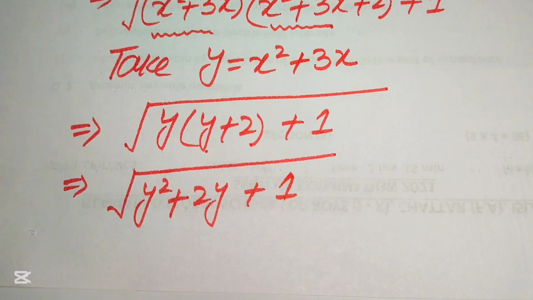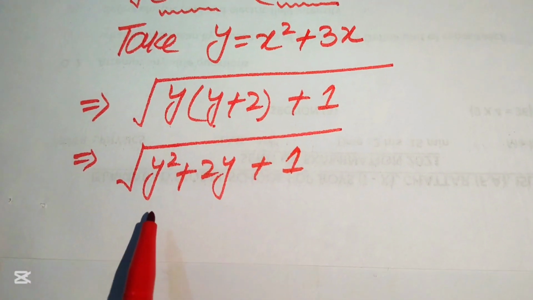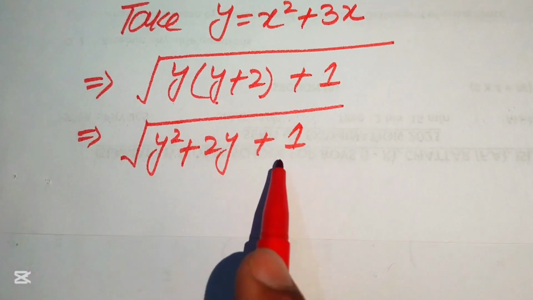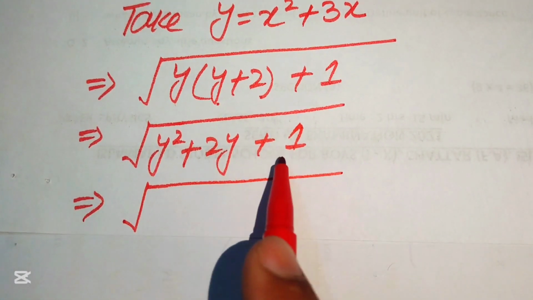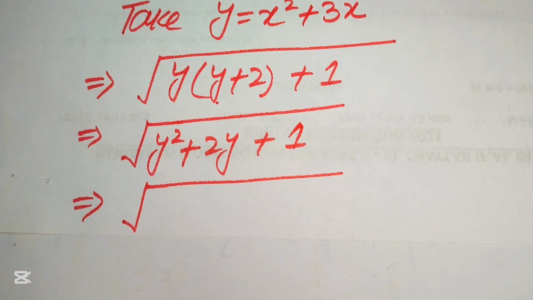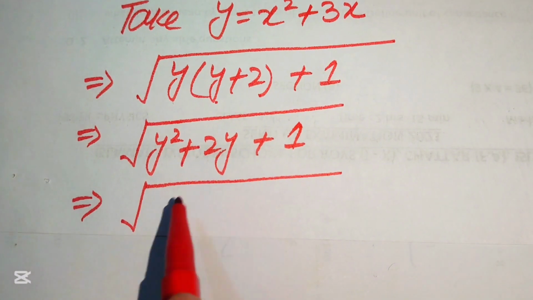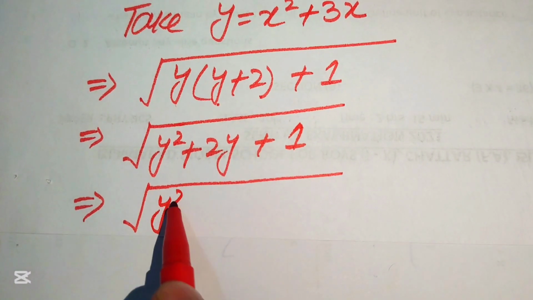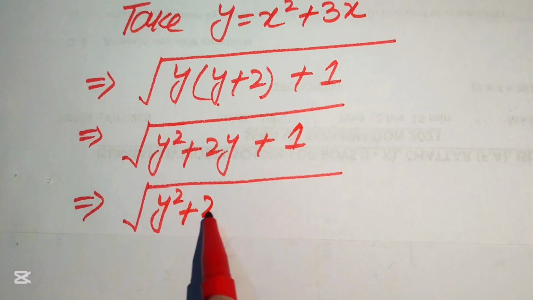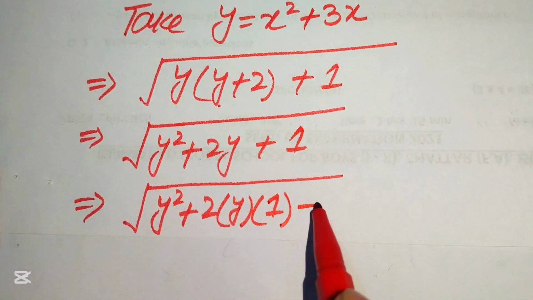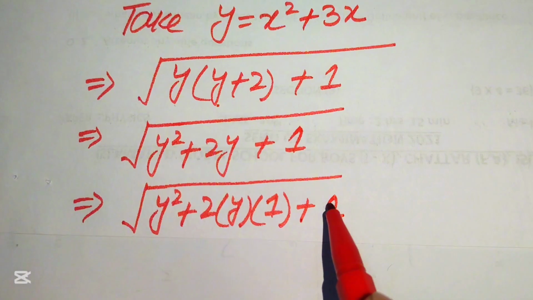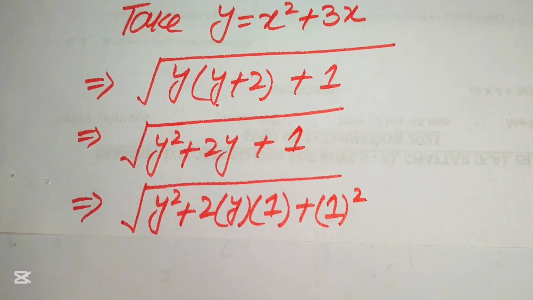So further we need to make the completing square of this value, so now we rewrite this value inside the square root as y square plus, we write this 2y as 2 times of y into 1, and plus we write this 1 as 1 square.